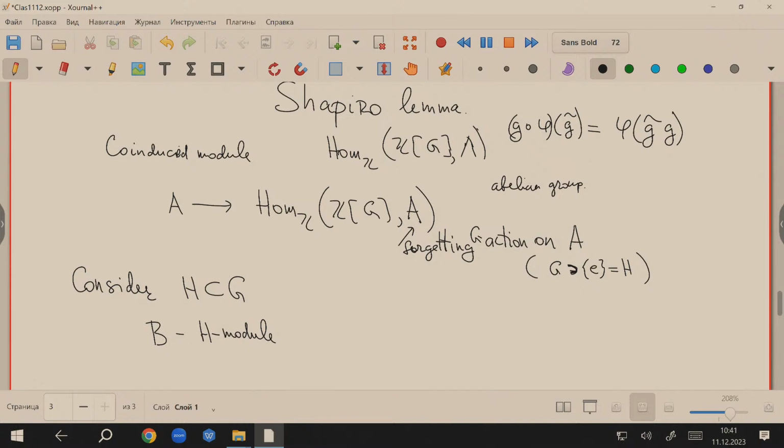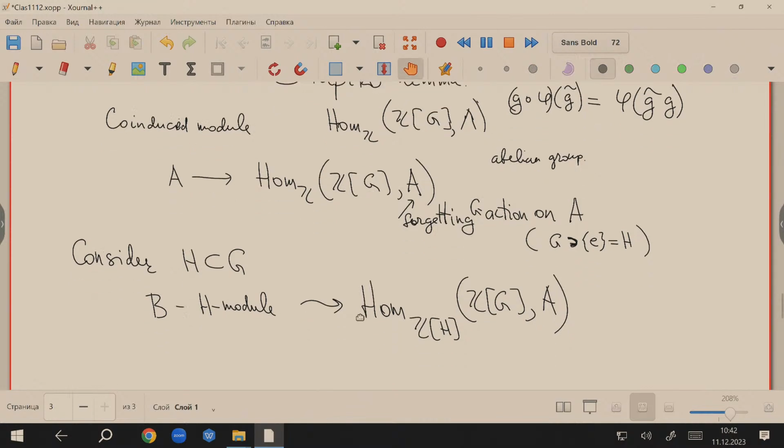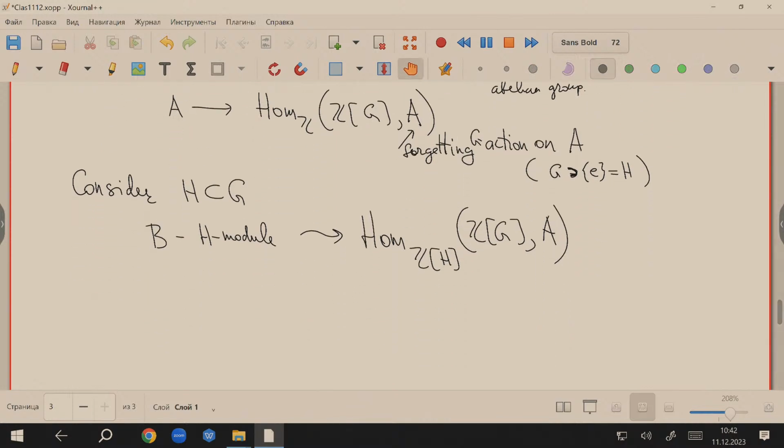And so you can consider an H-module and associate to it the following module, which is Hom over ZH of ZG to B. Let us denote it by B with star.